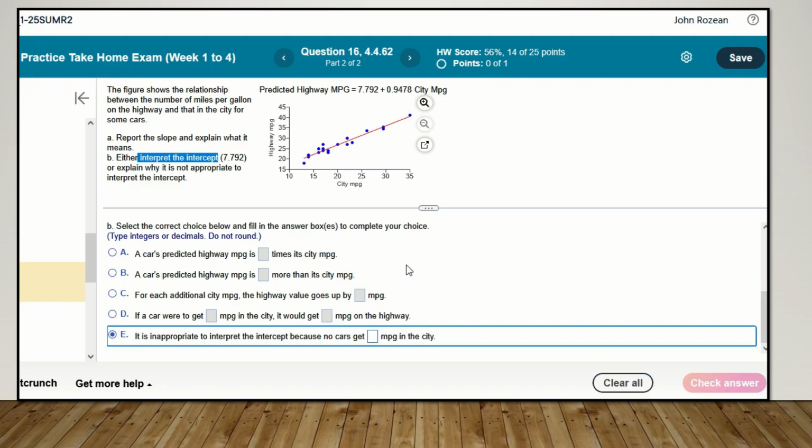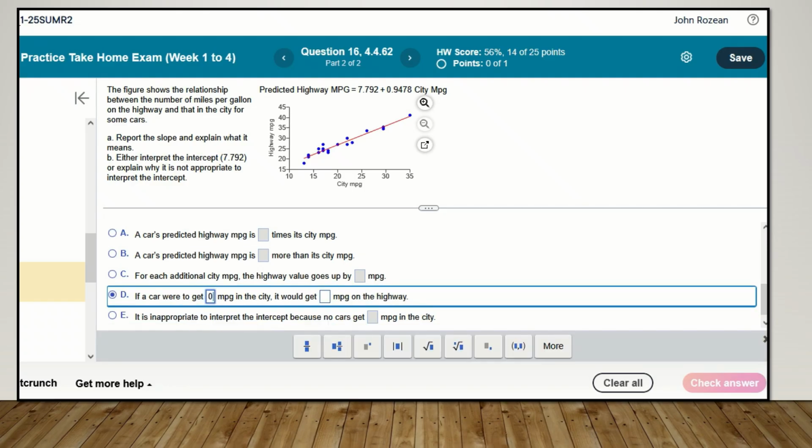Man, this one, the wording. If the car were to get 0 miles per hour in the city, yes, that's what we're looking for. 0 miles per hour in the city, it would get the intercept 7.92 on the highway.